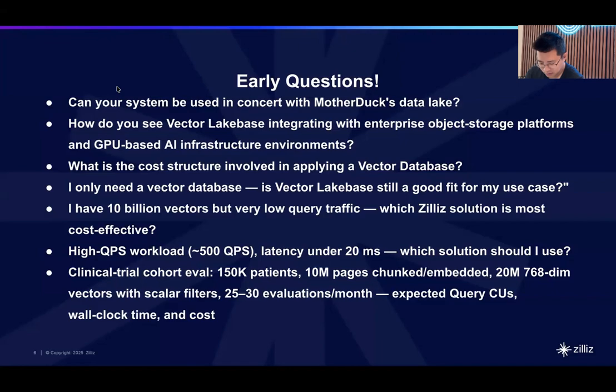Then the cost is primarily dominated by the RAM and CPU used for serving this workload, because to serve this high QPS, you probably want to fit all of the index into RAM so that it can achieve the best QPS per dollar. And the other extreme is, I think what's mentioned in the second next question, let's say I have 10 billion vectors but very, very low query traffic.